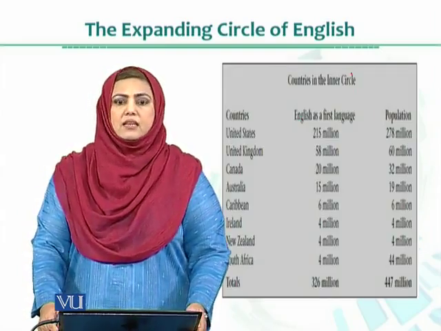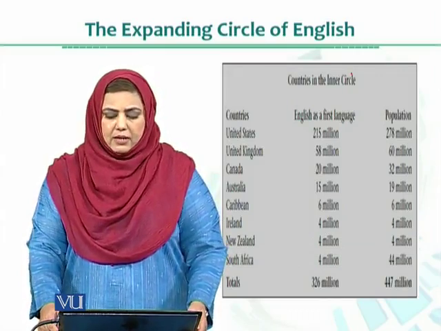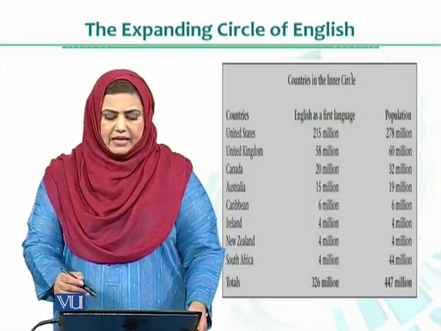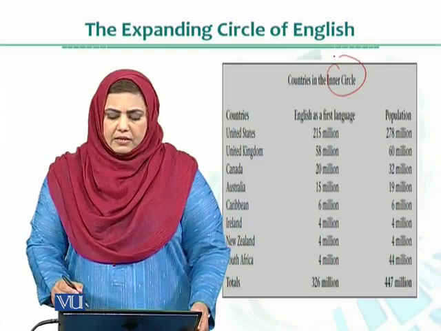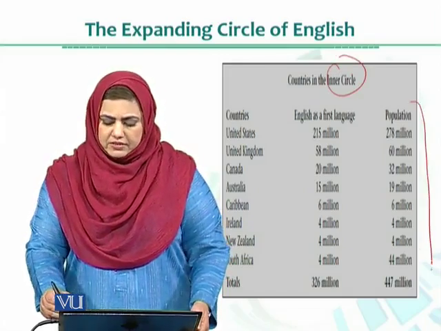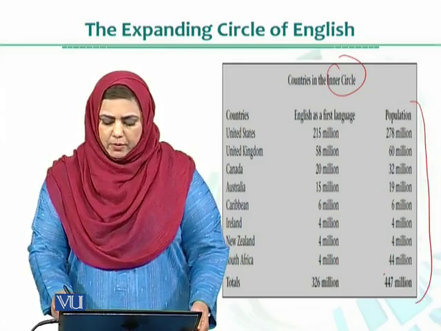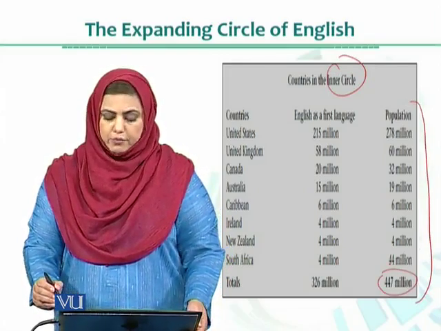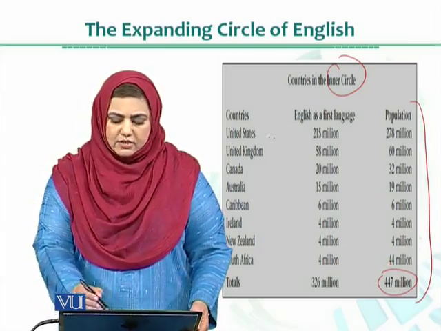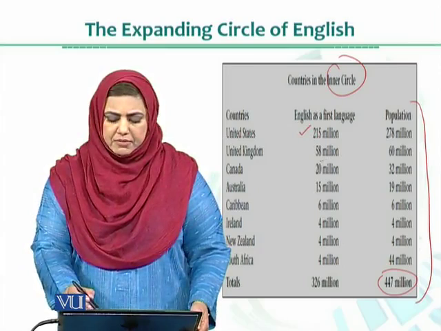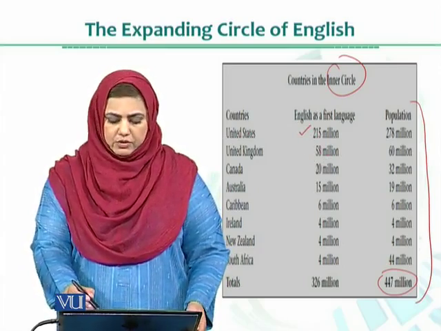Here on the screen again, you can see a list of the countries that I was talking about, the inner circle countries. This is the inner circle. This is the population of these countries. Total population of this region is 447 million according to this table. And the United States of America, for example, 215 million people who use English as a first language.